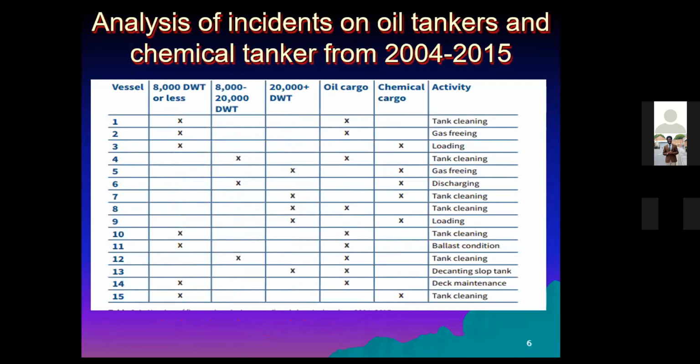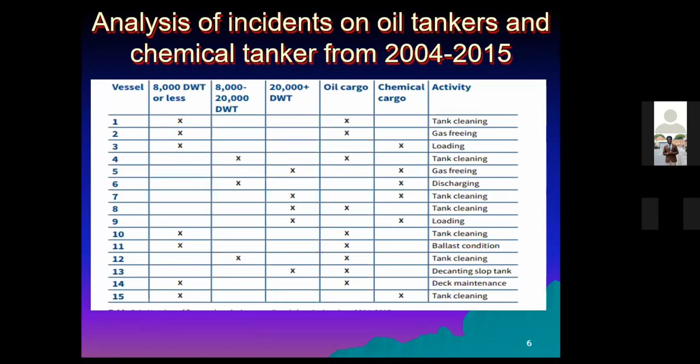I told you that we are going to see an analysis of accidents that happened on oil tankers and chemical tankers from 2004 to 2015. This is a study that was conducted by SIGTTO in conjunction with the International Chamber of Commerce and OCIMF.